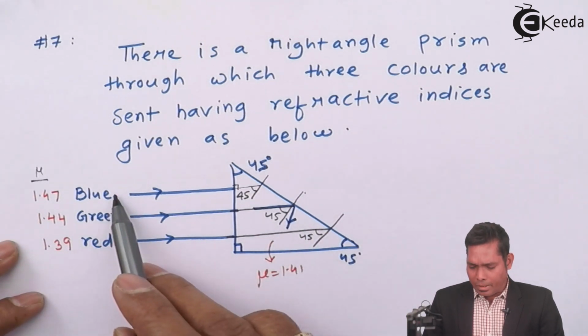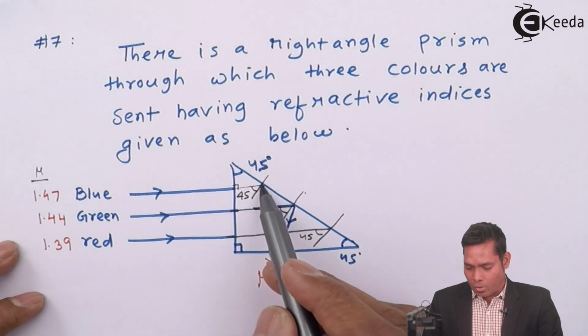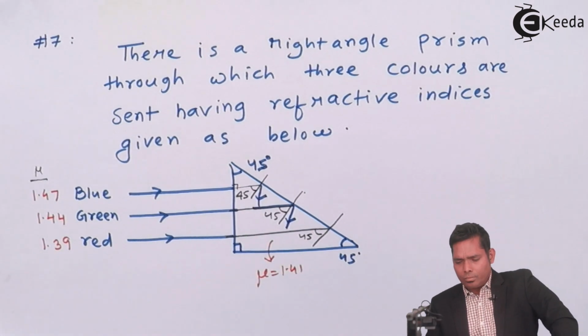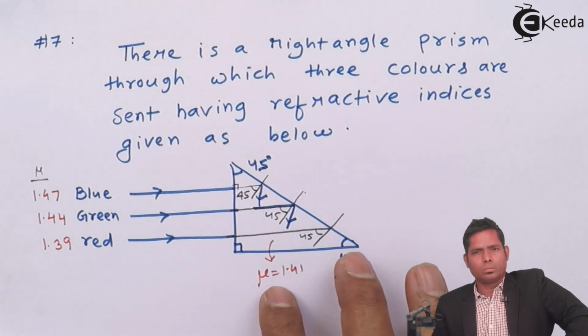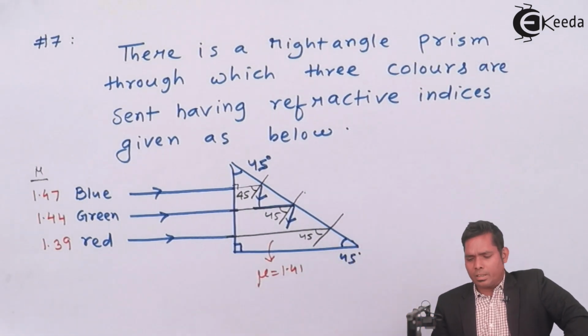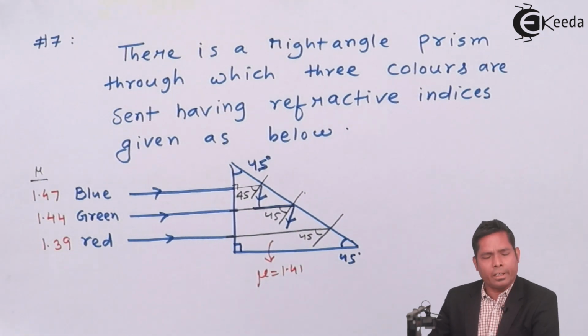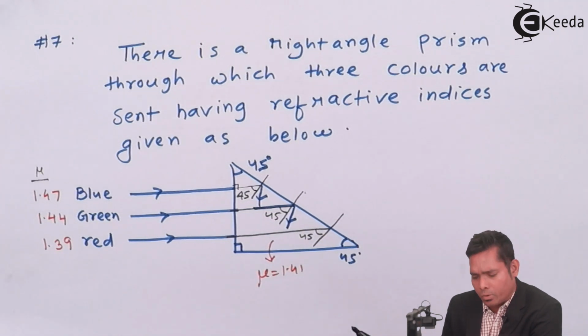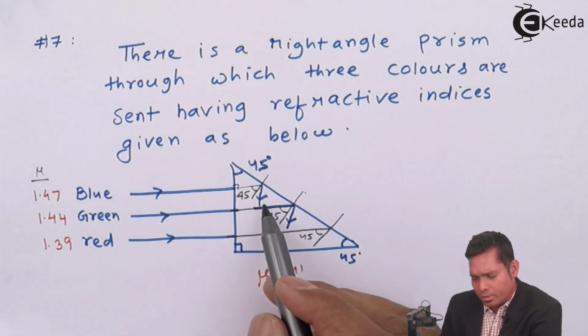The blue light is having 1.47, it will also undergo total internal reflections, because we know that greater the value of mu, smaller is the critical angle for that, so that will undergo therefore total internal reflections.